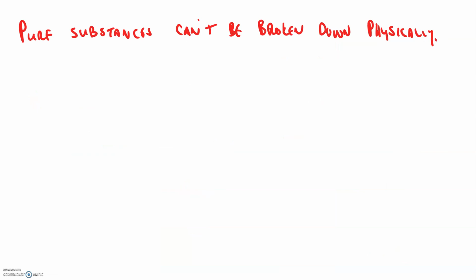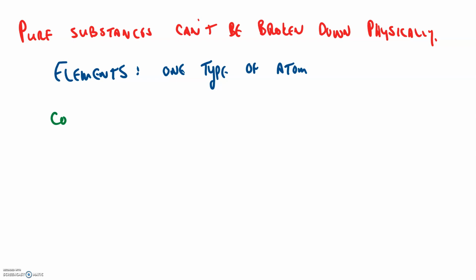Pure substances can't be broken down physically. Elements, well, they can't be broken down at all. They're only one type of atom, and there's no way you can break that down any further. That's it. You can separate them into individual atoms, but you're not going to be able to break them down any further.